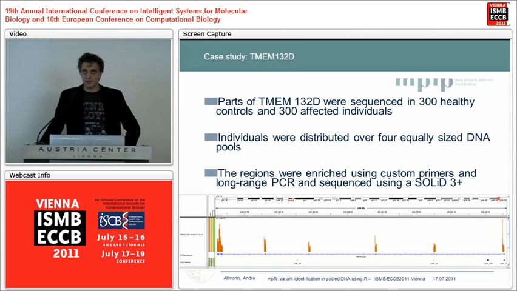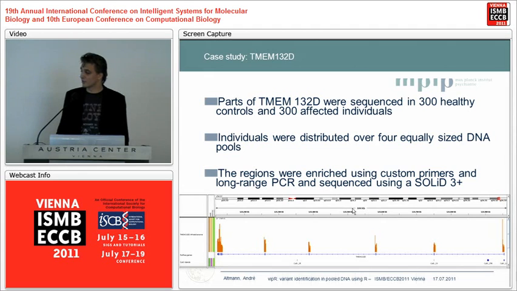We distributed these individuals across 4 equally sized pools, so 150 individuals in each pool. The regions we wanted to sequence were enriched using custom primers and focused on the exons of the gene. You can see that down here. Here's the exon structure, and this is the coverage which we achieved.